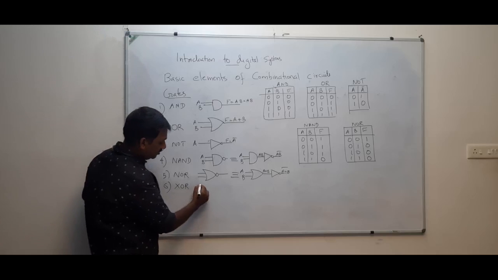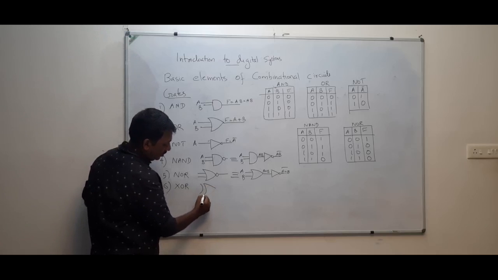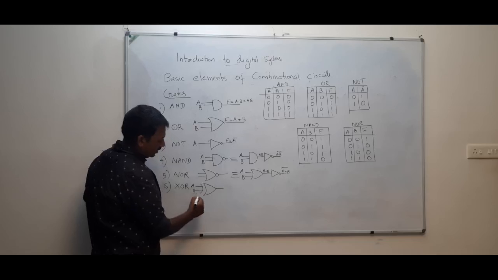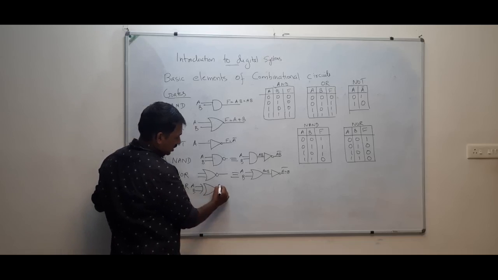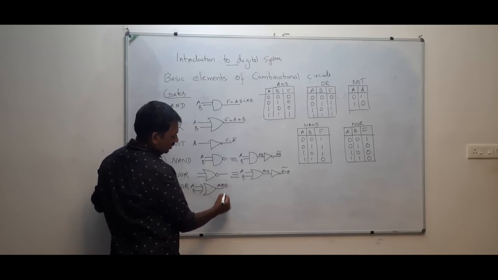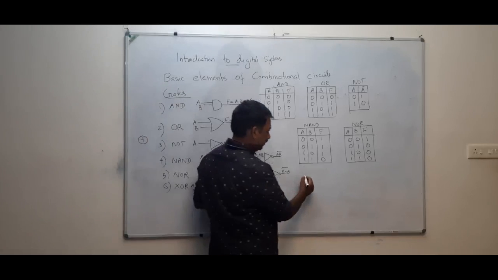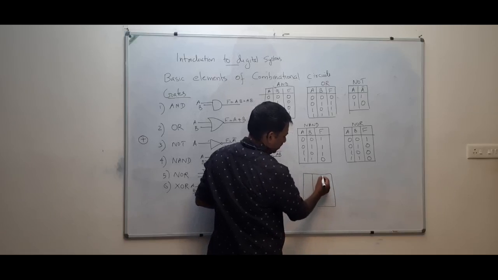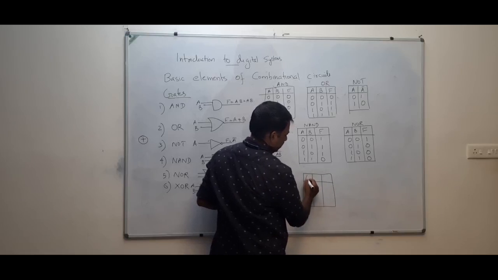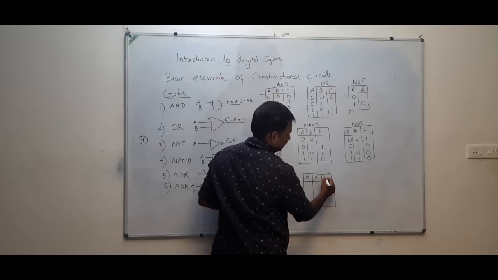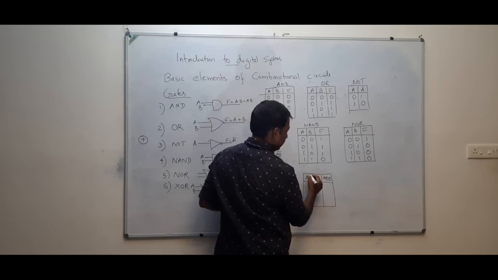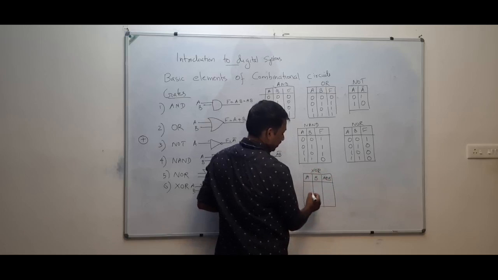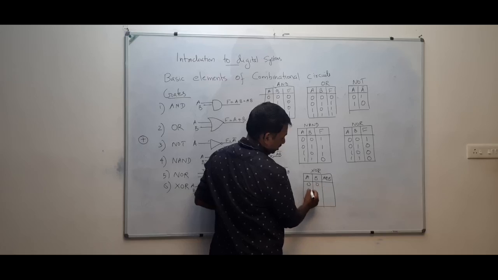The sixth one is exclusive OR, XOR. This is the XOR gate. Here we have two inputs A and B, and this is the output A XOR B. So here 0 0, 0 1, 1 0, 1 1.